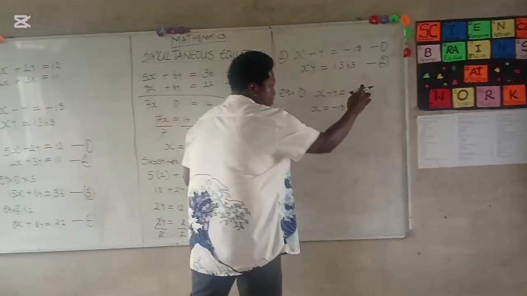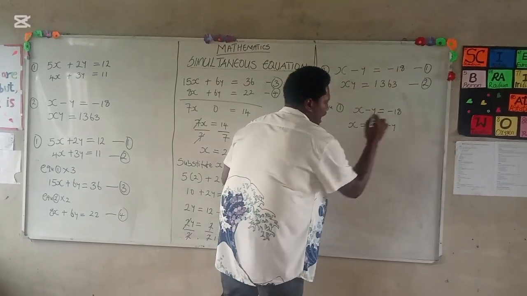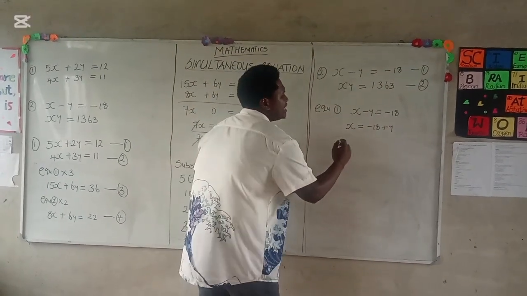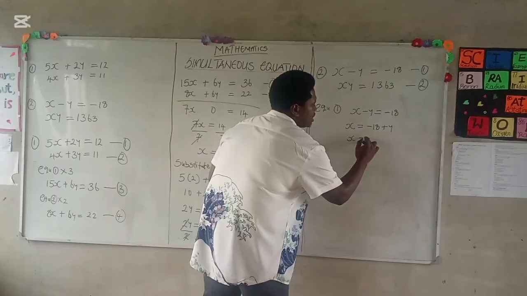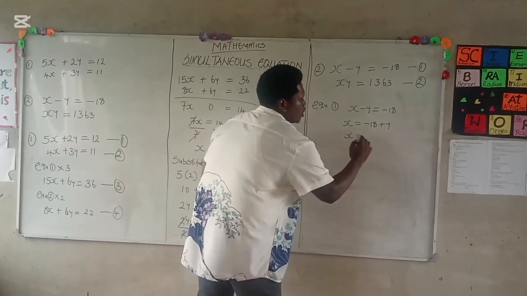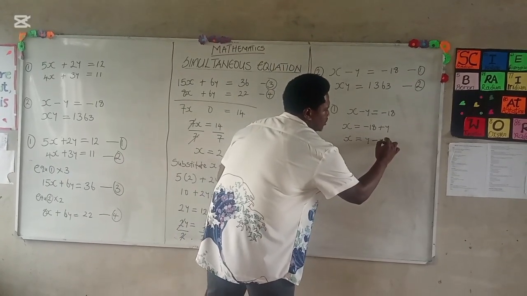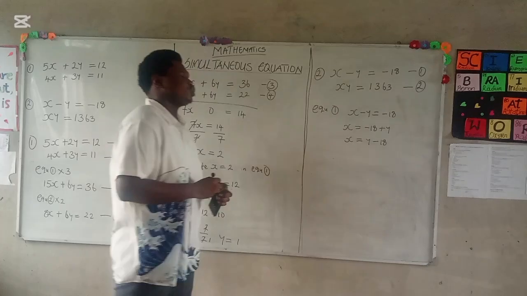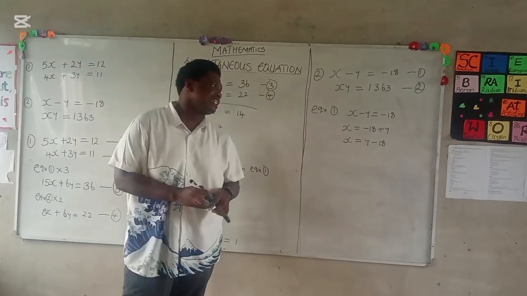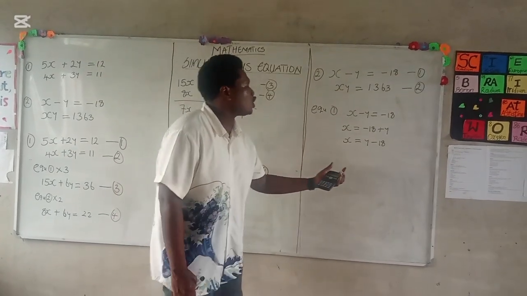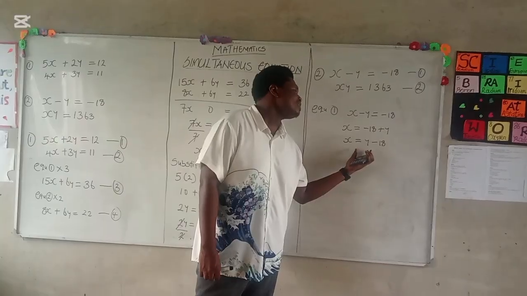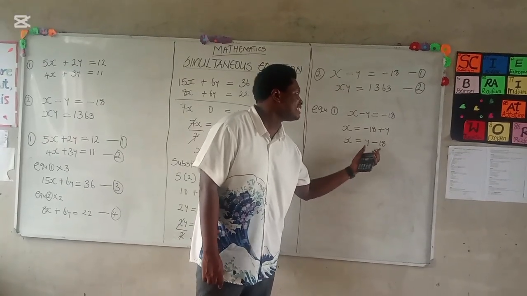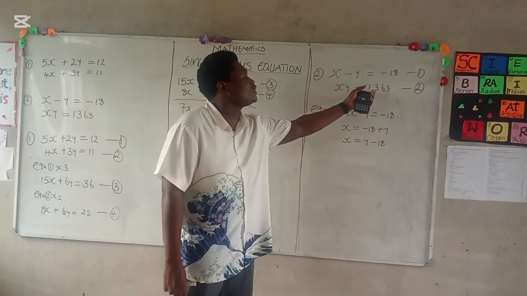Negative y crossing over becomes plus y. And this can be written as x is equal to y minus 18. So we'll be able to make x the subject. So we're now going to substitute x, which is equal to y minus 18, into equation 2.